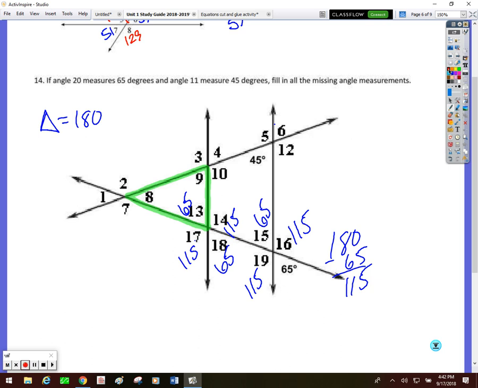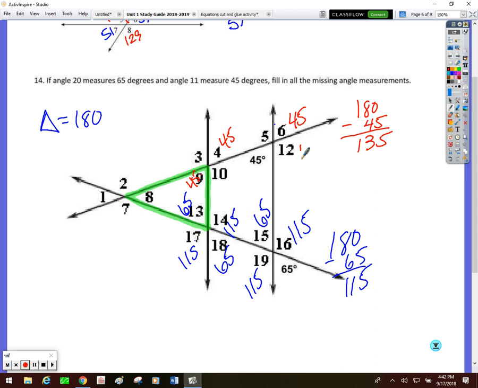All right, let's go do the other side. If that's 45, 6 is 45 because they are vertical. That means this is 45 because they are alternate interior angles. 9 is 45 because they are vertical. And then now all I have left are my obtuse angles. Well, if I know that's 45, 6 and 12 are supplementary angles, right?